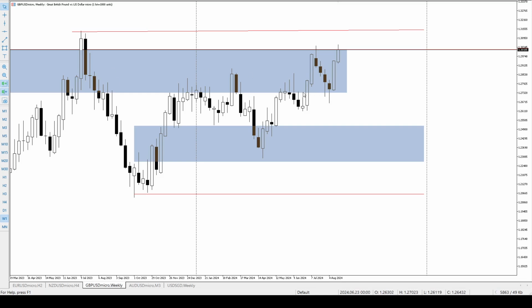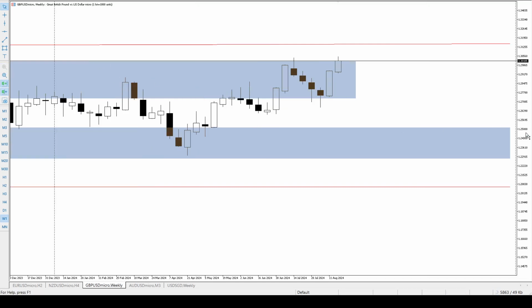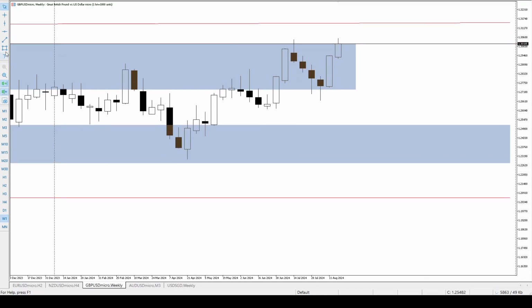And we have an inefficiency here and it has provided the liquidity to cause price to go up in relation to the fundamentals that we have, which allow the price to go up. So again, this was a high probability trade.